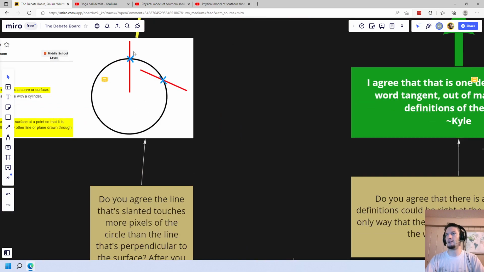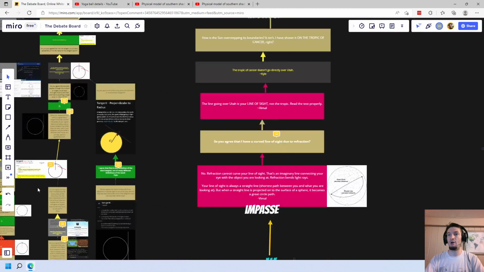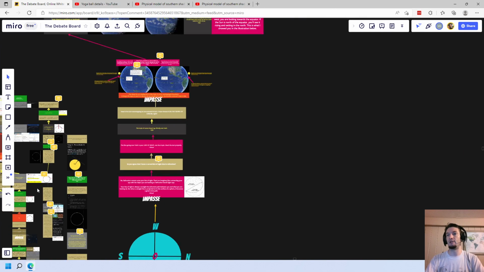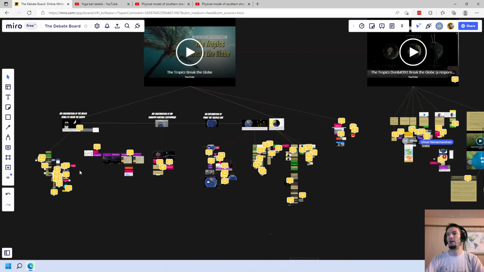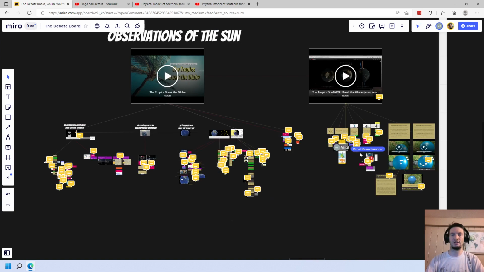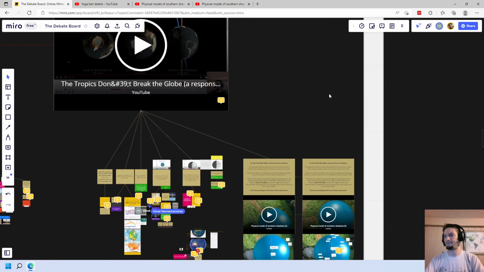For Kyle, both these red lines are tangent to the circle at these blue X's. So this is part of what I'm up against in attempting to create a physical model of the globe that shows that the shadows seen by him earlier in July are not in fact antithetical to the globe model.